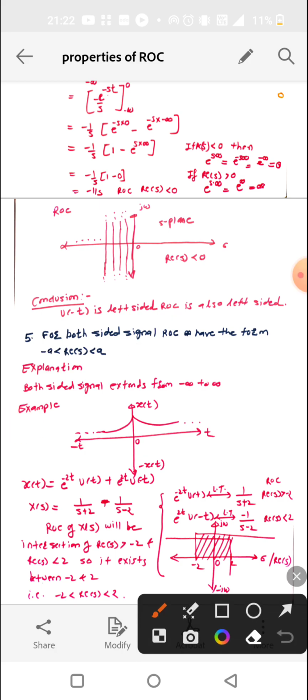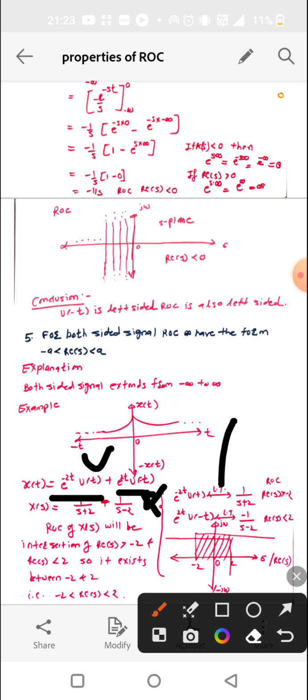So this is a standard result. E raised to minus 2t u(t) is 1 by s plus 2, and u(t) is there, so real s greater than minus 2. E raised to 2t u(minus t) is minus 1 by s minus 2, and u(minus t) is there, so real s less than 2. When we solve the Laplace transform of exponential in the next videos, there we will get more understanding about how these results come and how to remember them.